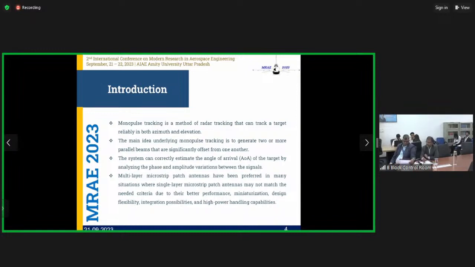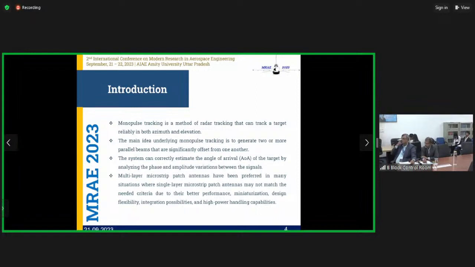To extract useful information about the target's position and velocity, the monopulse tracking approach compares the received signals from the different antennas. The system can correctly estimate the angle of arrival of the target by analyzing the phase and amplitude variations between the signals.